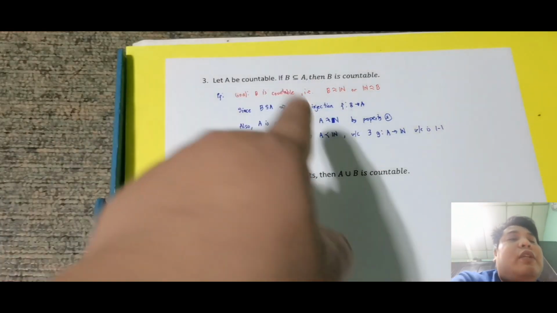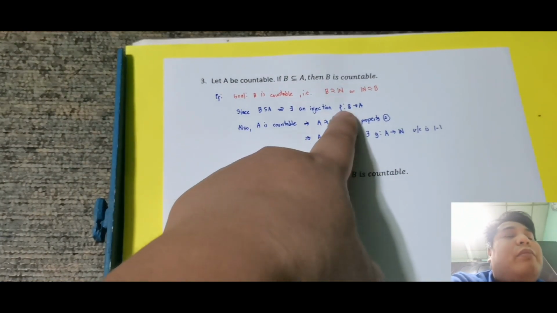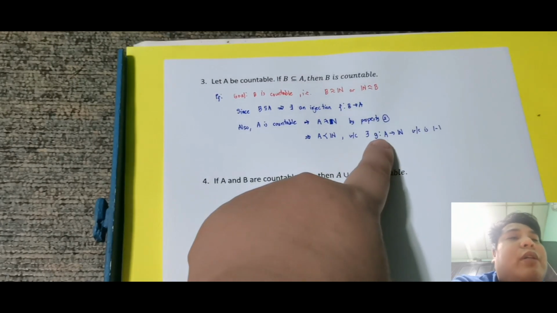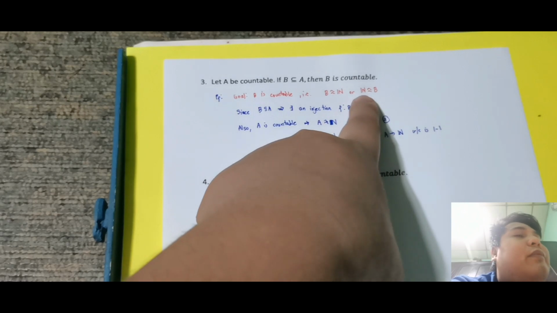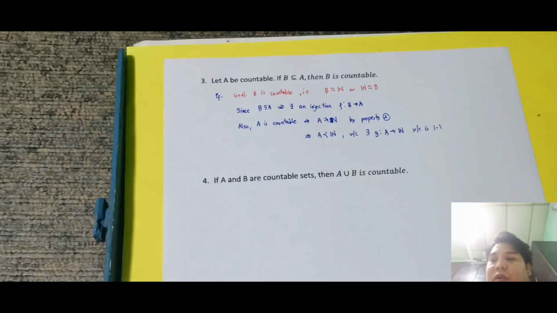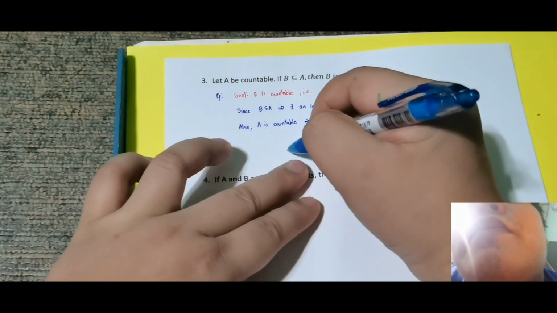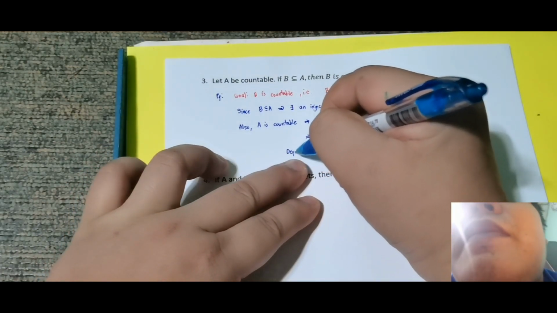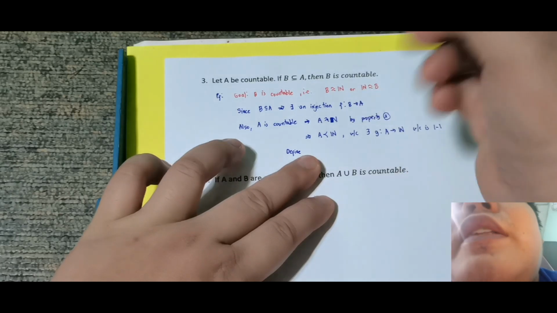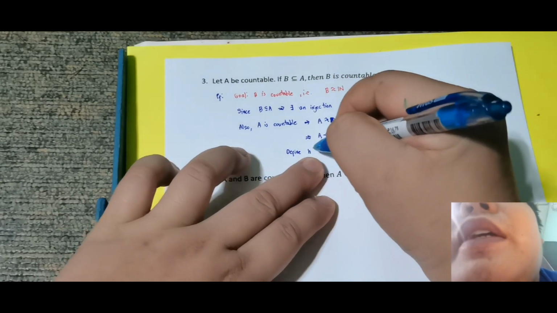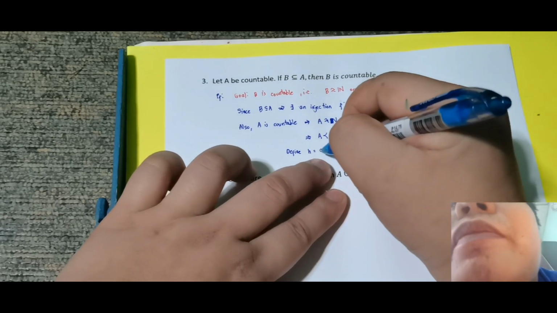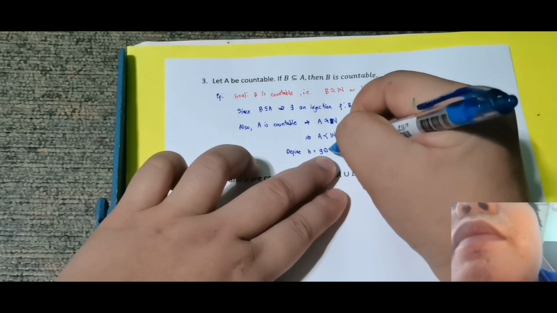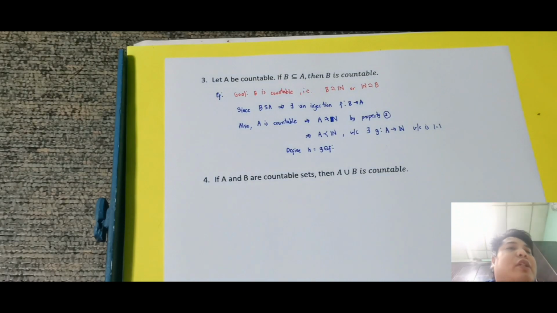Now look, I have a function mapping from B going to A and a function mapping from A going to the natural numbers. Our goal is to show it is either of the two. So I will define a function. Let's define H on B as G circle F. What is G circle F?